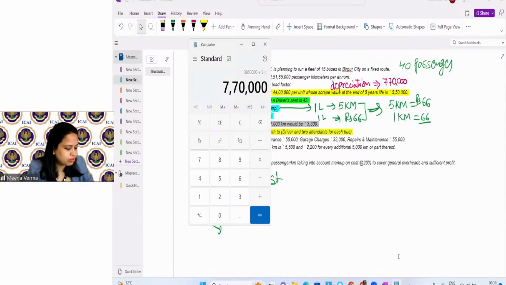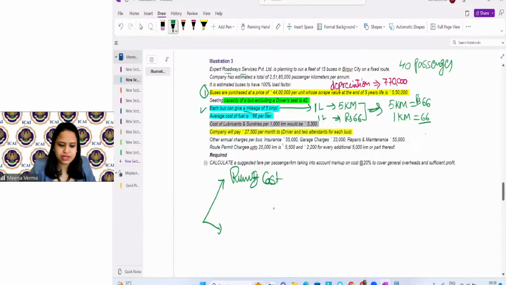Then we will see for what length the bus is running, and accordingly we will find the total cost. 66 divided by 5 is 13.2.